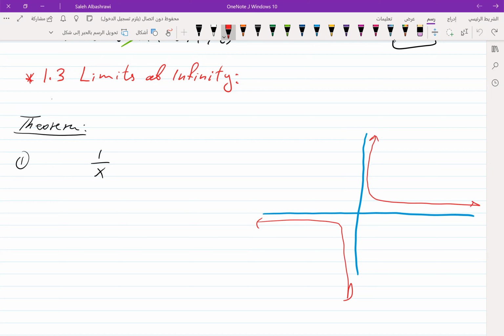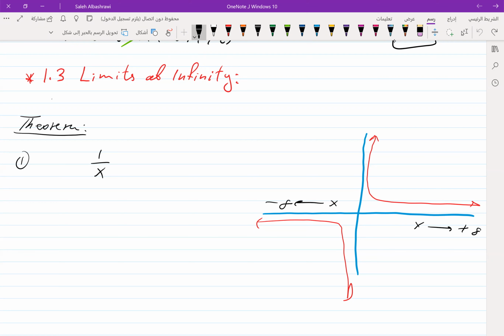Now this function 1 over x, we found the limit of this function when x goes to 0, from left or from right. In this section, we are going to speak about how to find the limit when x goes to either plus infinity or minus infinity.